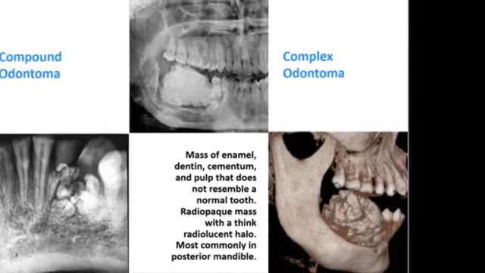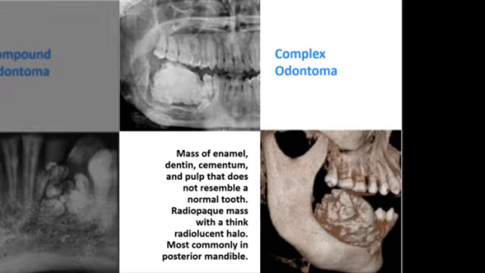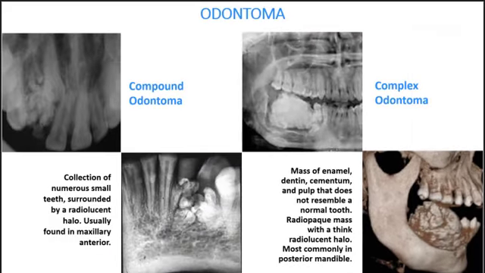A complex odontoma has all of the features of a tooth, enamel, dentin, cementum, and pulp, but those tissues are arranged in one large mass, which doesn't have distinguishing features resembling a tooth. Both of these types of odontomas are usually found during adolescence, and there is no sex preference for these.